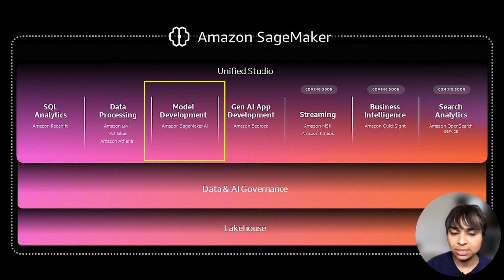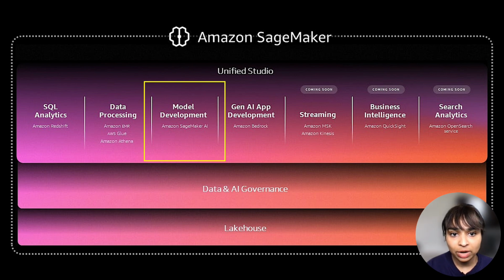Think of it like this. SageMaker AI is still your go-to lab instrument for building, training and deploying machine learning models. That's what we studied, right? Perfect if you're classifying cell types or predicting gene expression patterns. Now SageMaker, which is also called SageMaker Unified Studio, is more like a fully integrated research facility.